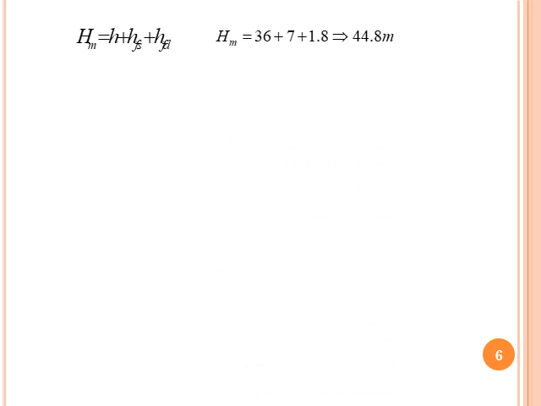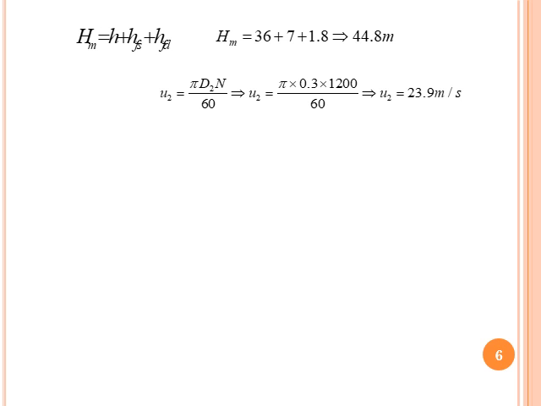So now H m is equal to the static head, given as 36. The head loss at the delivery pipe is 7 meter and head loss at the suction pipe is 1.8 meter. Now the total manometric head is equal to 44.8 meter.